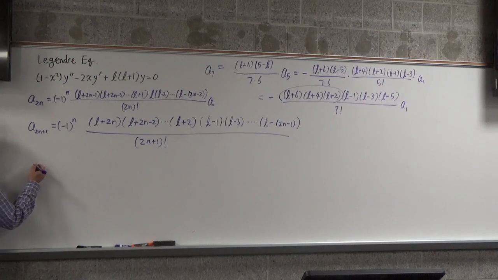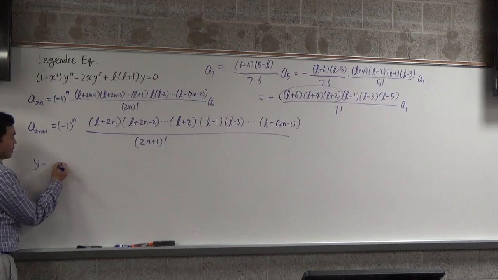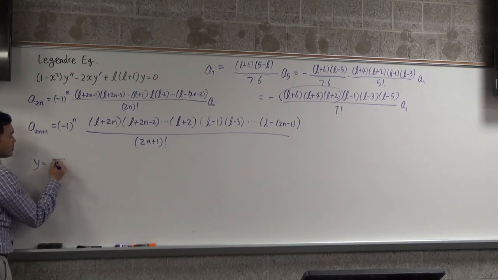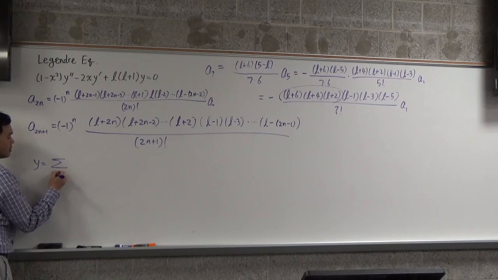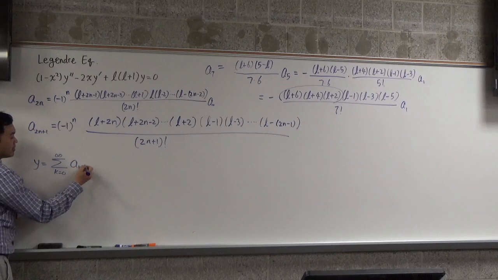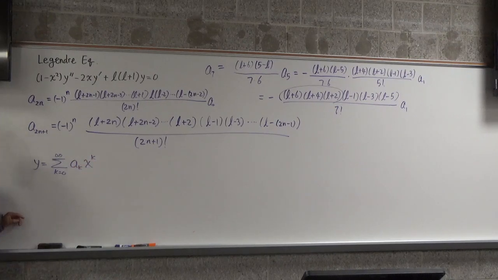Remember, y is equal to a sigma of k equals 0 through infinity of ak x to the k, right? Instead of n, I just wrote k. But that's the solution, right?